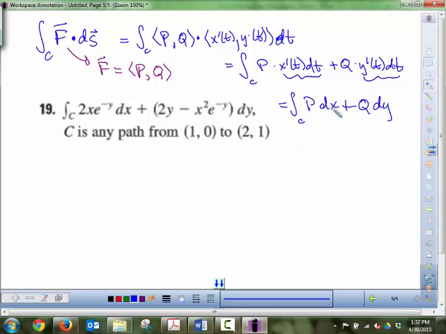And it turns out that this is a really common way of writing line integrals. When you see your integrand looking like this with a dx plus a dy, not dx dy together, but a dx and a dy separate, that's the same thing as a line integral. So that's what we're seeing here in this example.